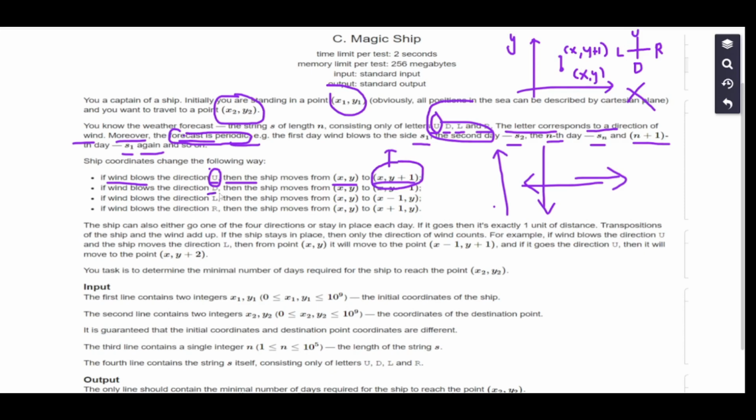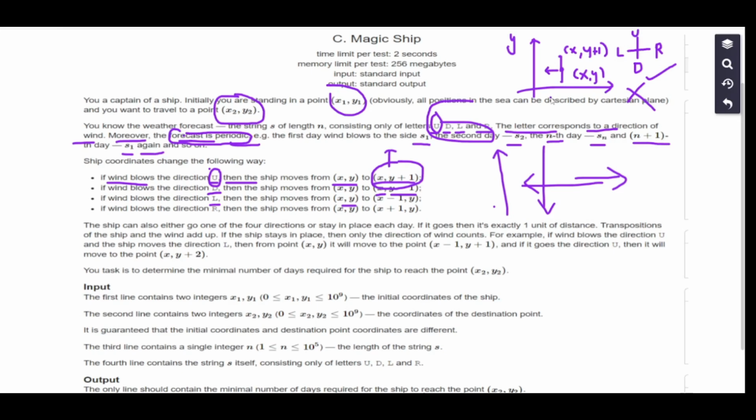If the wind blows in the downward direction, then the ship goes downwards by 1 unit, that is to x y minus 1. The y coordinate decreases by 1. If the wind blows towards L, then the ship moves from x y to x minus 1 y.